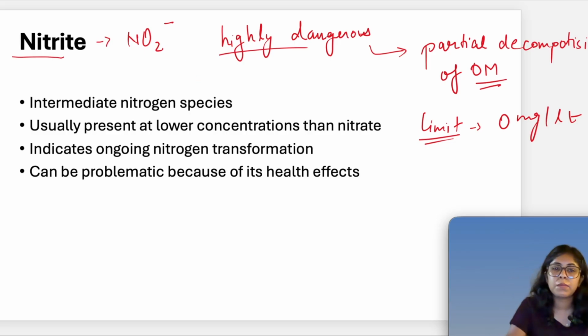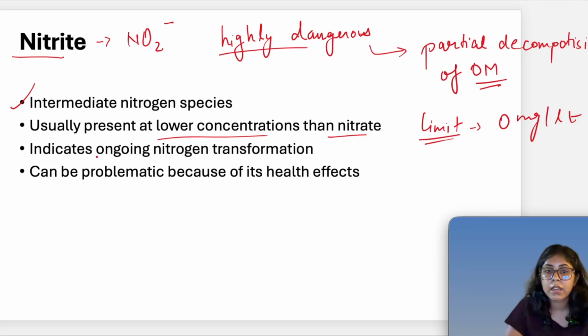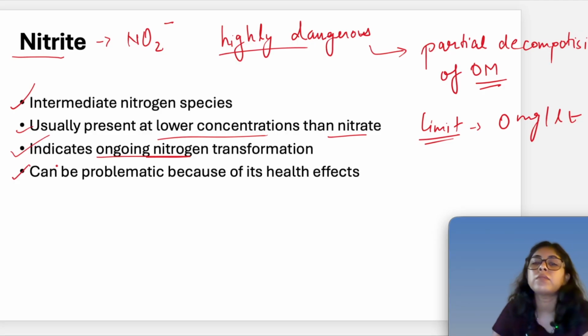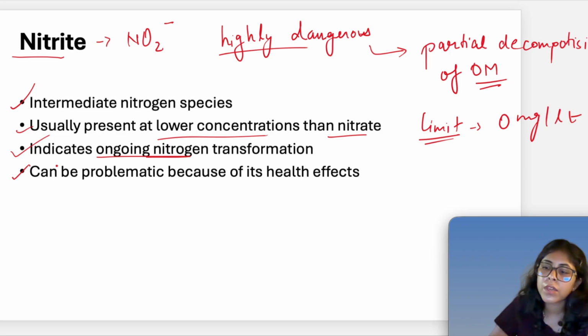It's an intermediate nitrogen species, usually present at lower concentrations than nitrate. It indicates that ongoing nitrogen transformation is happening, and it can be problematic because of its health effects. It's not at all desirable to have even a minimum amount. We measure nitrite again by the color matching technique.